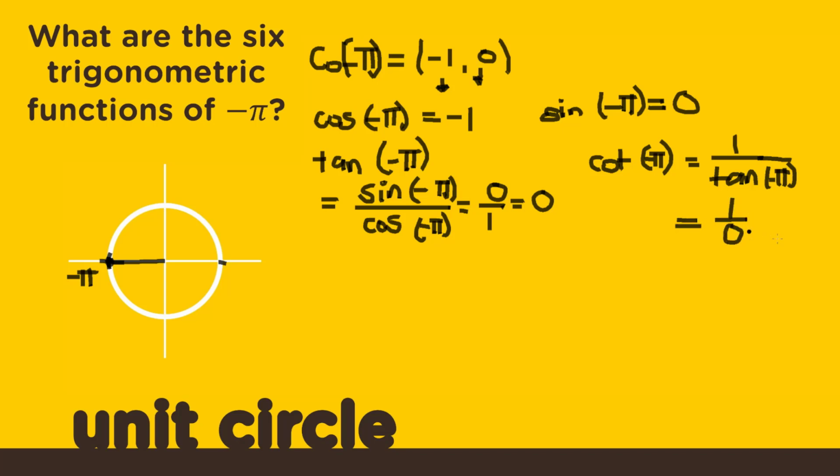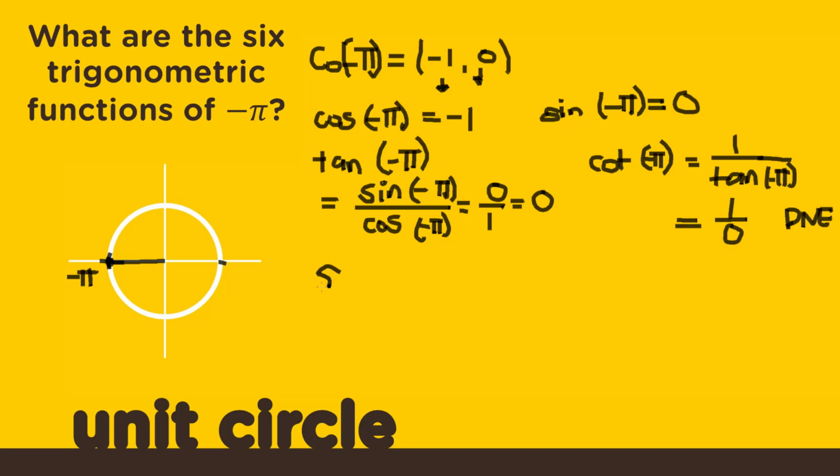And since the denominator here is 0, that means the cotangent of negative pi doesn't exist, in the realm of real numbers, because we don't have any real number value for a fraction with denominator 0. Of course, it's different if it's 0 over 0. There's another case for that.